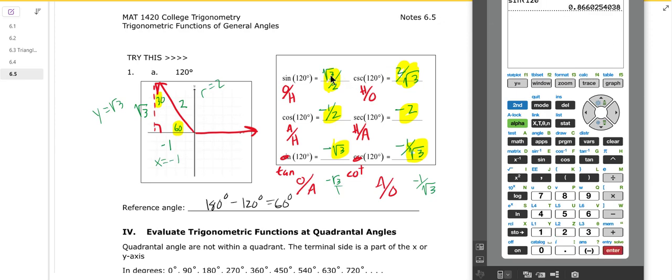But that's what this is. If you do the square root of 3 and then divide that by 2, you're going to get exactly the same thing. You can do that with any of these trig functions. If you do the cosine of 120, you're going to get negative 0.5, which is what negative 1/2 is. So they're all checkable on your calculator.